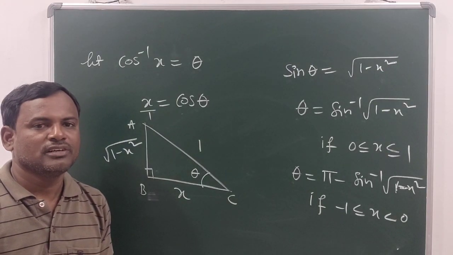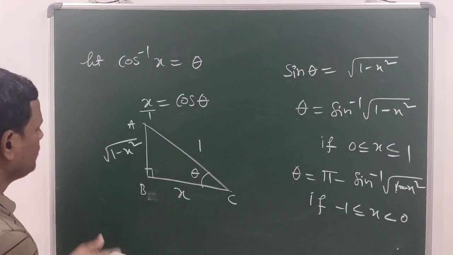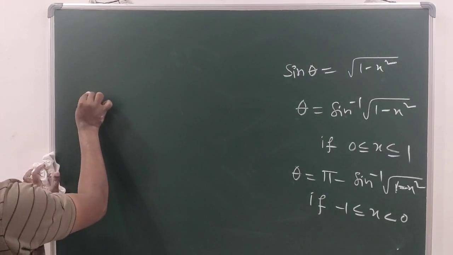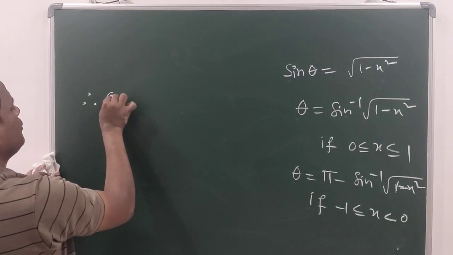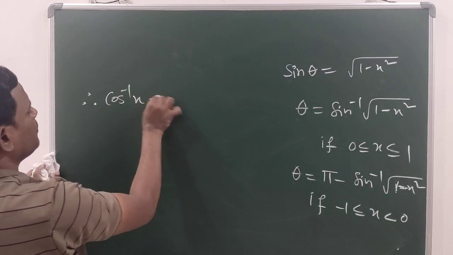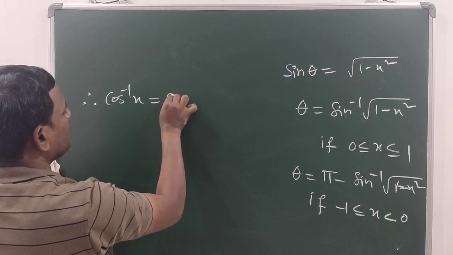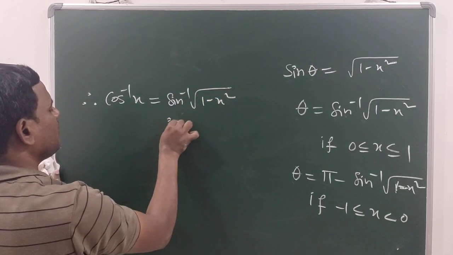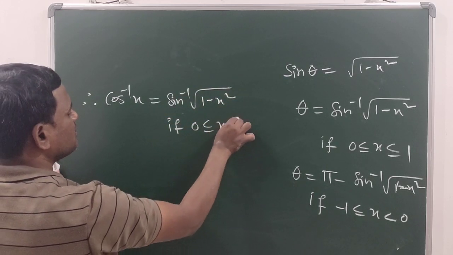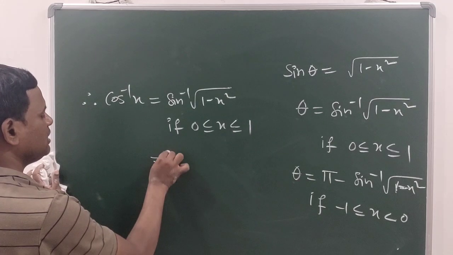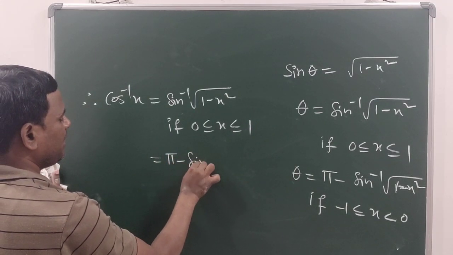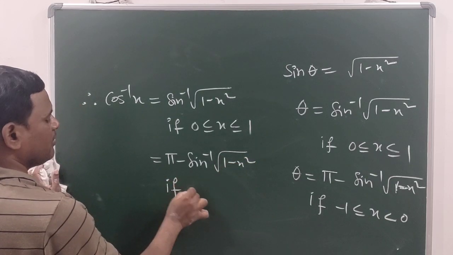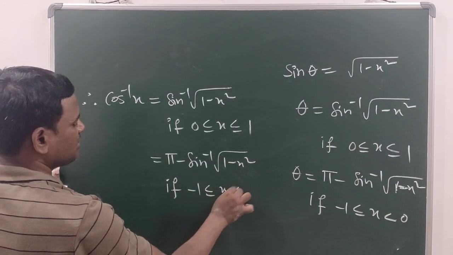Right. Now see. Therefore cos inverse of x is equal to sin inverse of root of 1 minus x square if x value is 0 to 1. Now this is equivalent to pi minus sin inverse of root of 1 minus x square if minus 1 is less than or equal to x less than 0.